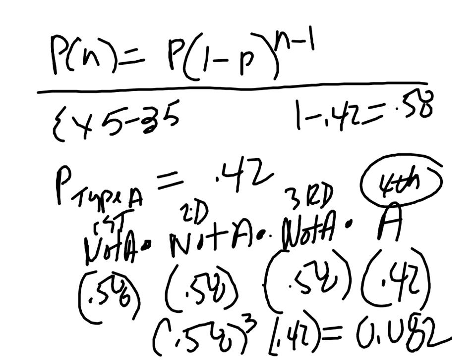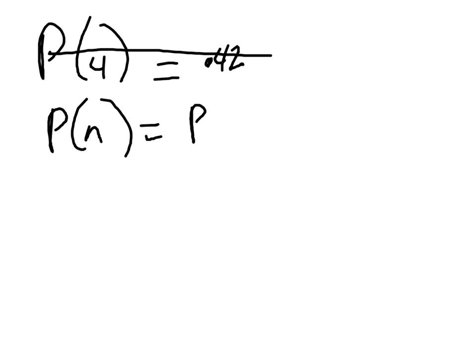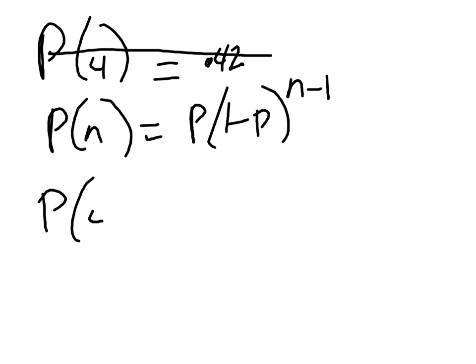All right, so that's the intuitive way. Let's do this question the way that the book is presenting it. That would be the probability of the fourth one. I'll write the whole formula again, just to be as complete as possible. We want the probability to be the fourth person, and the probability of type A blood is 0.42.